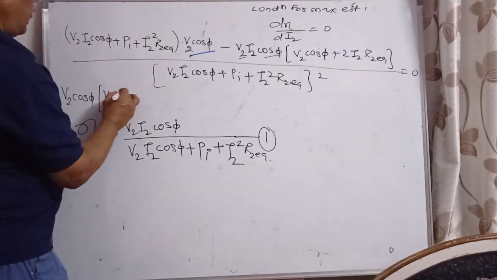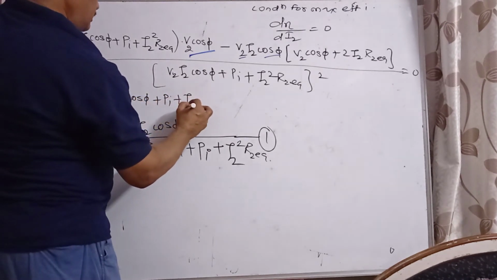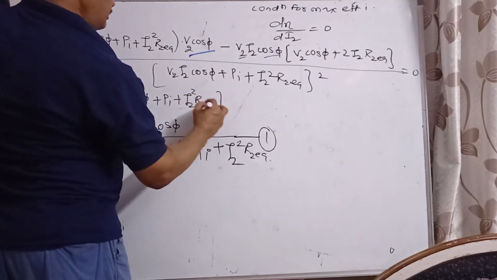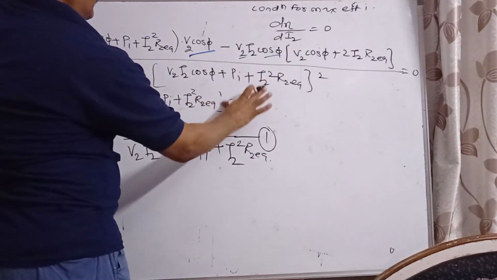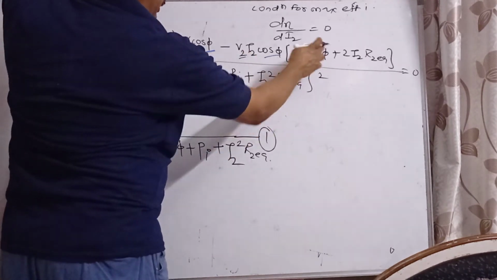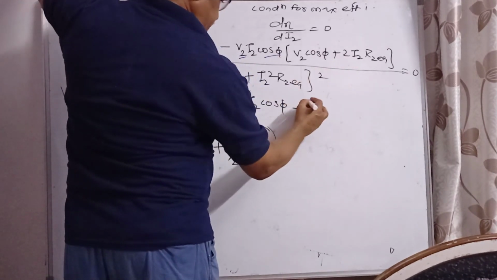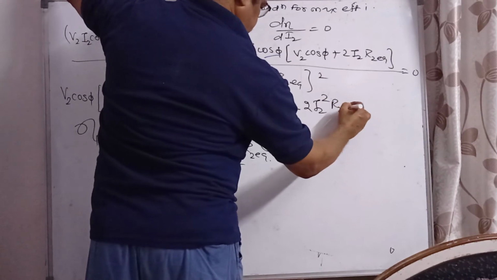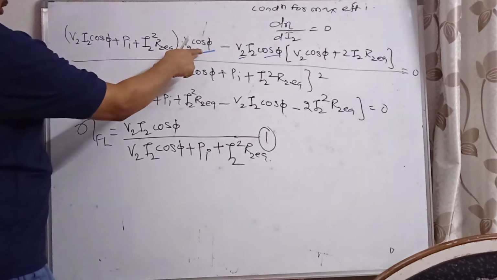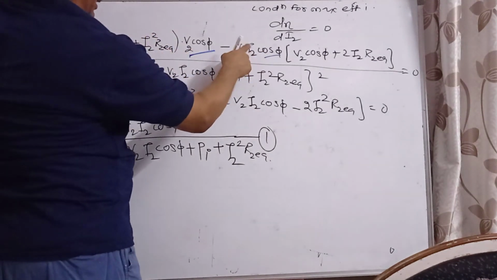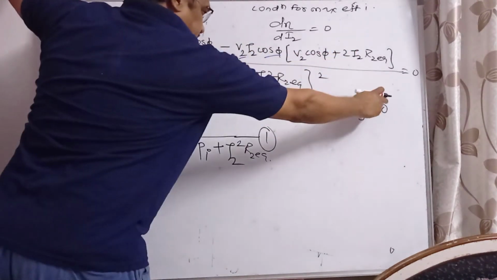This as it is, minus I2 multiplied by this, which is this one. This is already multiplied by 0.